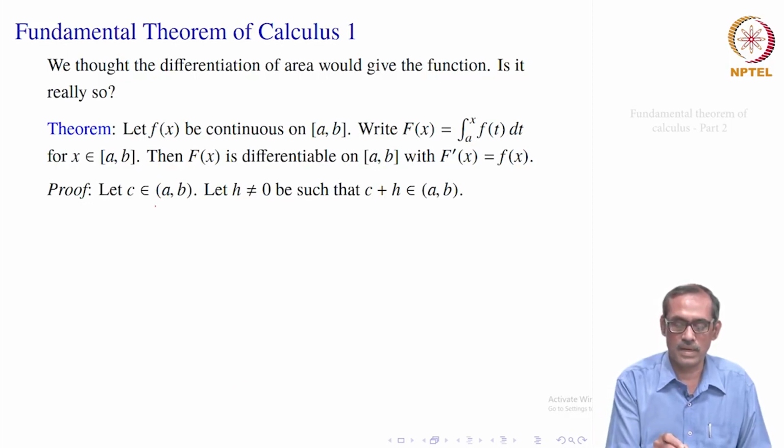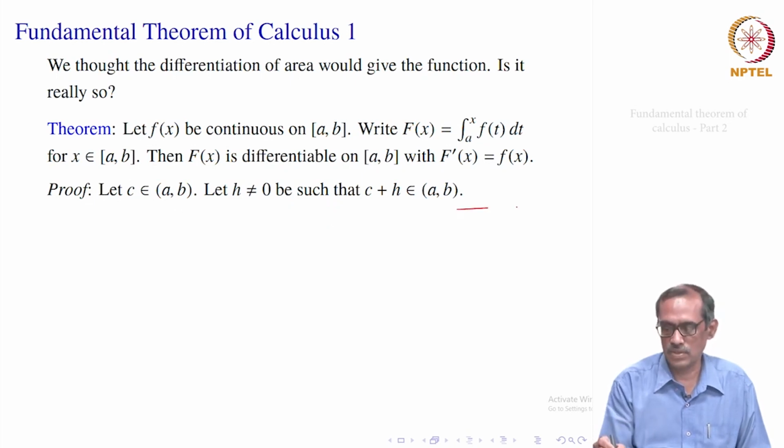So, now we have a point c, and then we are choosing some h, so that say it is a to b, some c you have chosen. Then you choose h in such a way that c plus h should belong to this interval. So, that means h cannot go beyond the modulus of c minus a or c minus b, it cannot be larger than that.